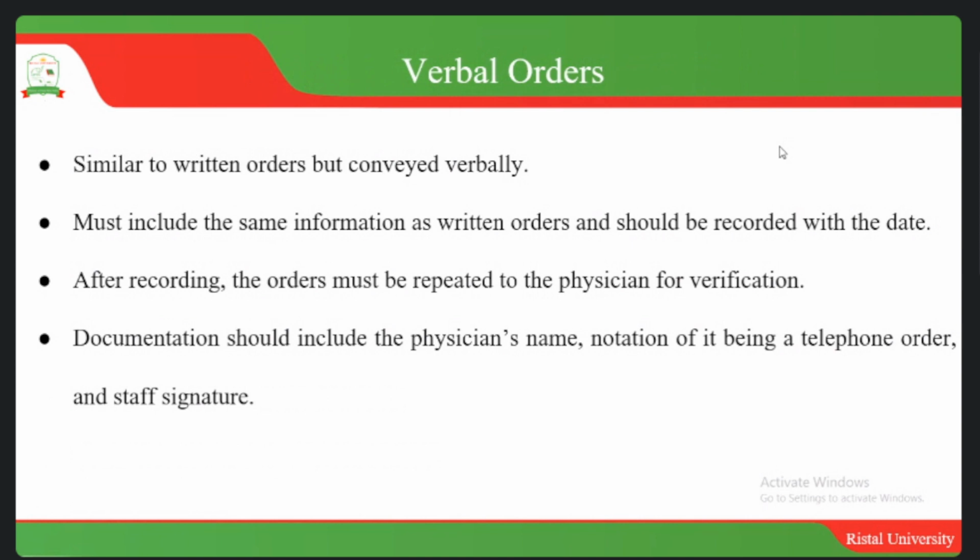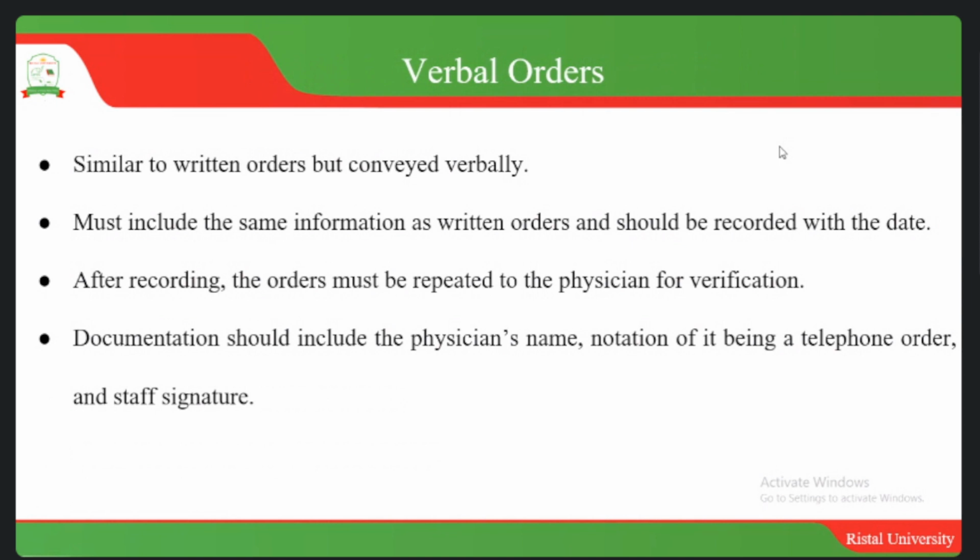So the same instructions that you're giving verbally should also be reflected in writing. And these verbal orders should always have the date. You have to write the exact date when the verbal information was given to the patient. So verbal information should be related to the written orders, so that the patient can understand what is actually expected of them in relation to their prescriptions.